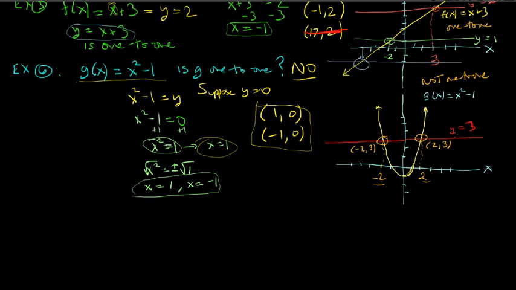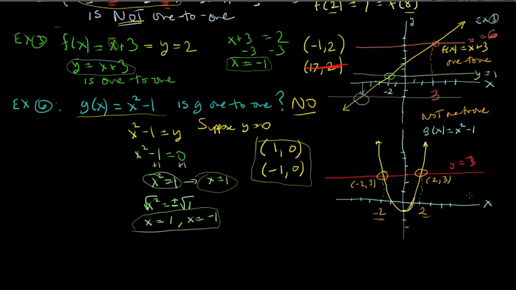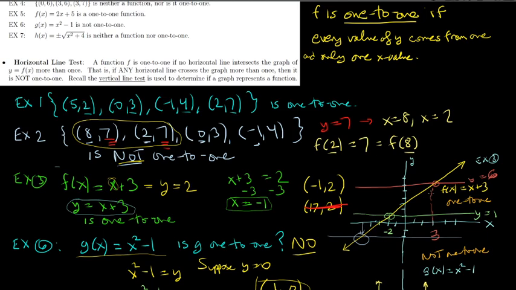So because y is 3 and x has two different values, one positive, one negative, that means it's not 1-to-1, right? Because it doesn't come from only one value, it comes from two values. So that's the idea for being 1-to-1. And so in terms of the graph, you get something called the horizontal line test, which says the following.